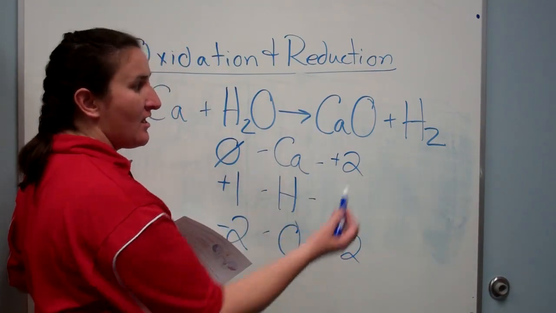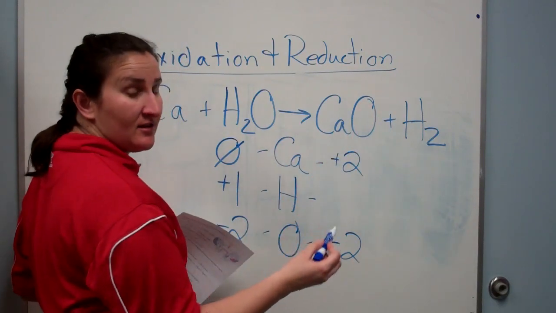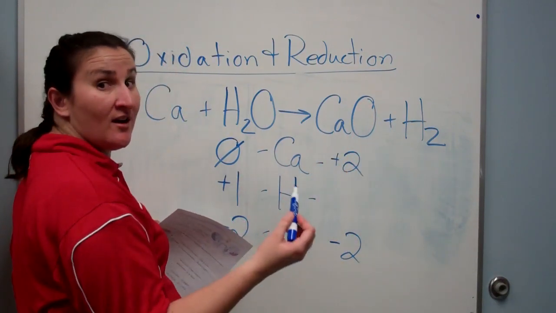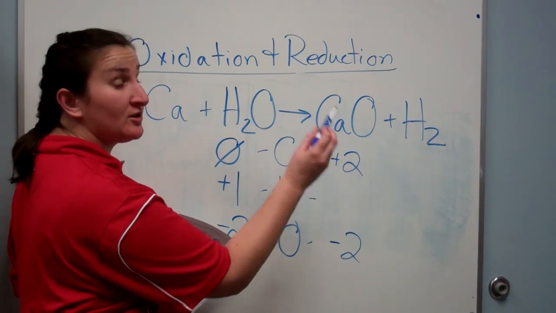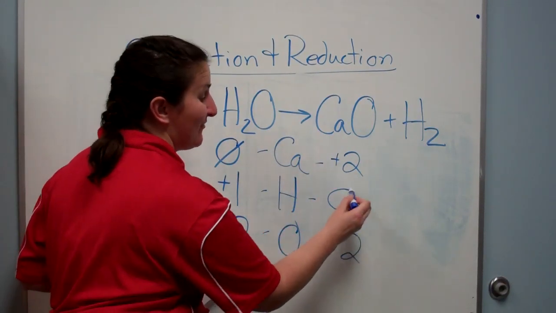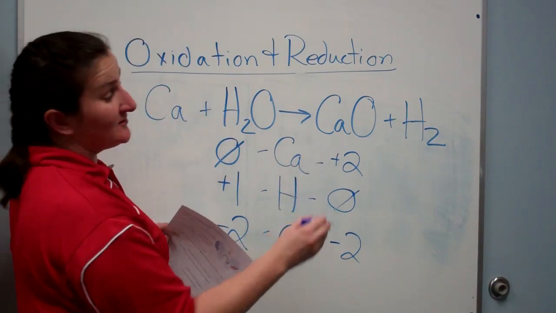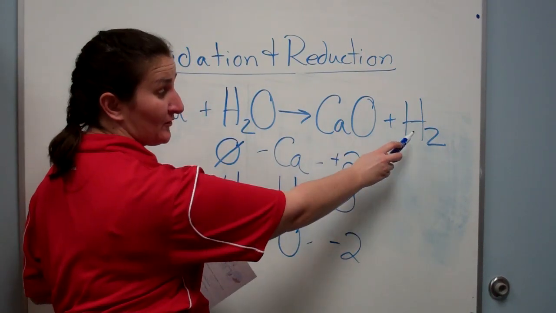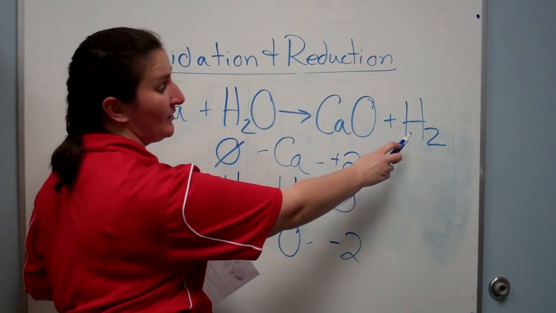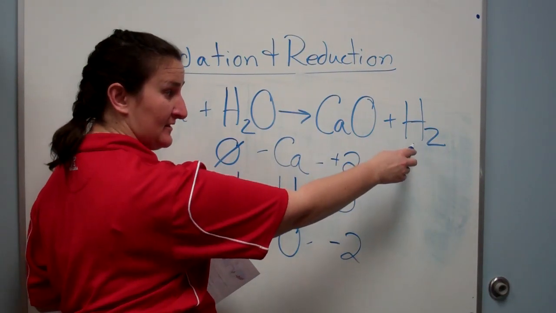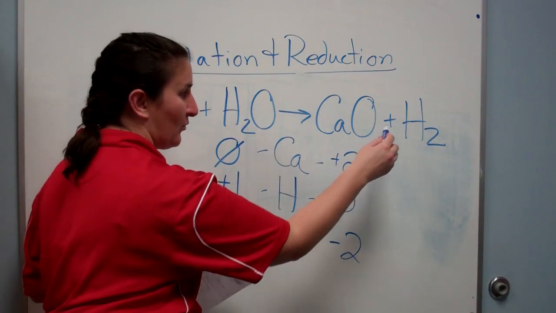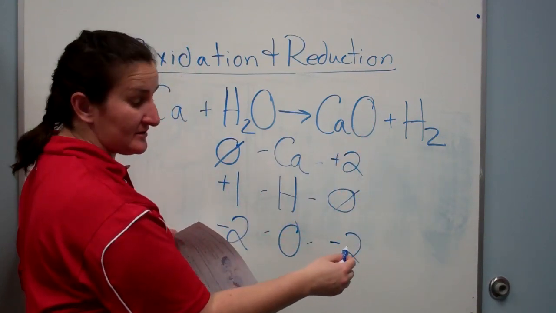Hydrogen now, if it is all by itself and neutral, what oxidation state does hydrogen have to be? If you said +1, you're completely wrong because it should be 0. If it's all by itself, it makes no sense for one of these hydrogens to be +1 and one to be -1. They both have to be the same inside of this species, so one's 0, the other one's 0 as well.